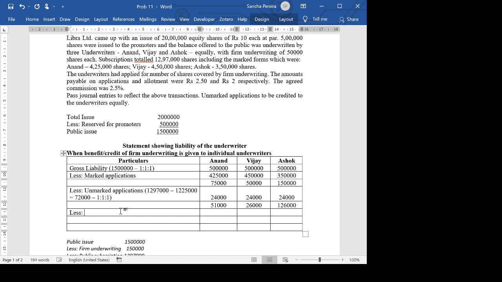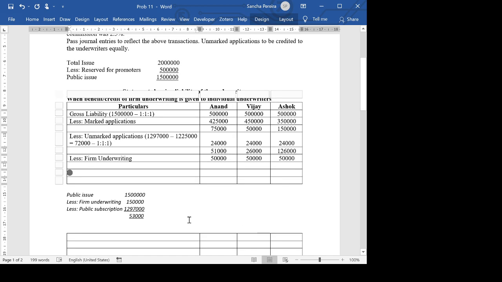So less firm underwriting. Each one's firm underwriting is 50,000. They've said here with firm underwriting of 50,000 shares each. So that comes to 51,000 minus 50,000 is 1,000.